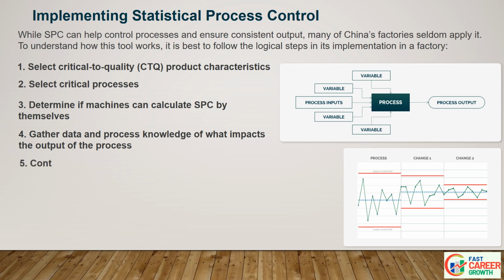Gather data and process knowledge of what impacts the output of the process. For example, the variables that might affect the output of a gluing process are listed below. Process input: glue. Process settings: cycle time, fixture.